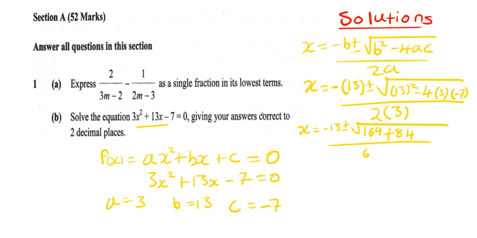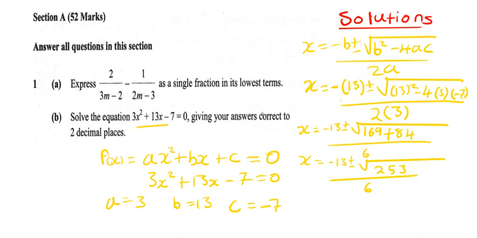So you proceed by saying x is equal to negative 13 there, positive or negative, the root of what? 169 plus 84. So you say 169 plus 84, it is what? 253. So if we have 253 there, over 6 like that. Now here, don't just separate, you have to find this value first, the root of 253 inside.